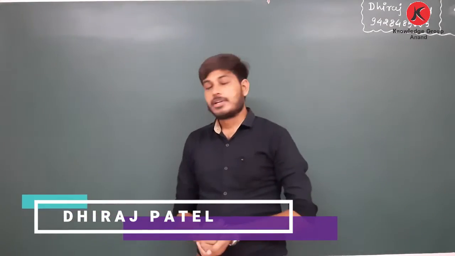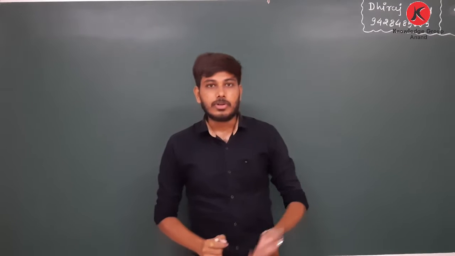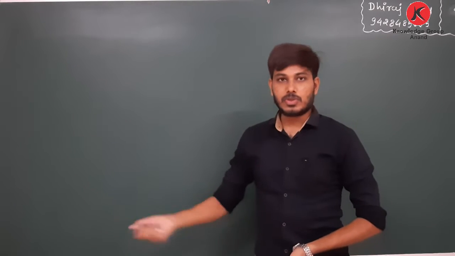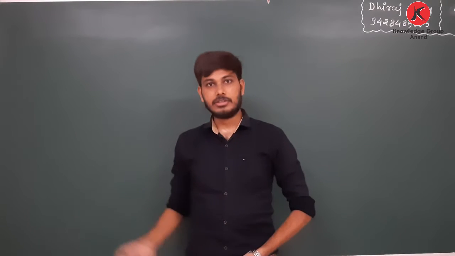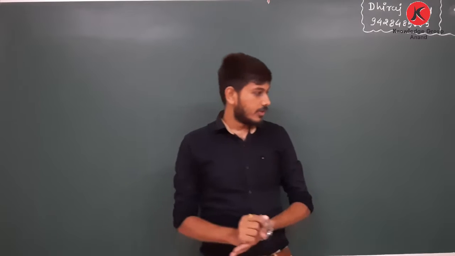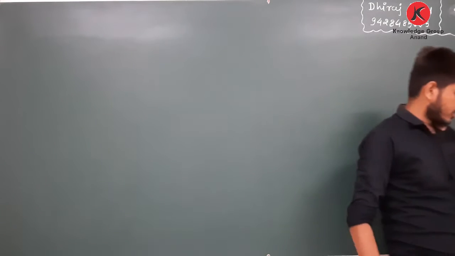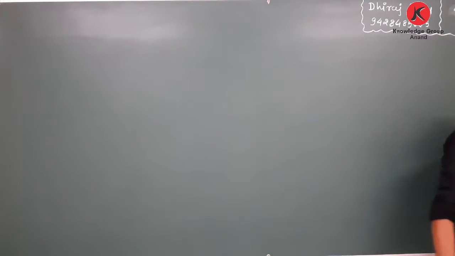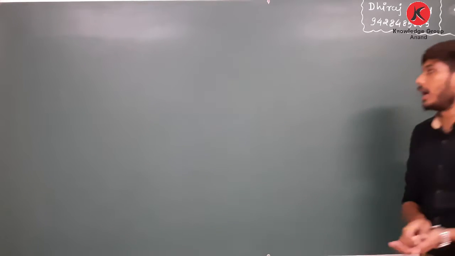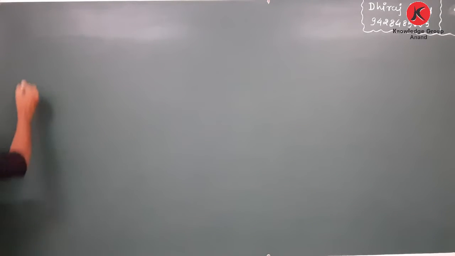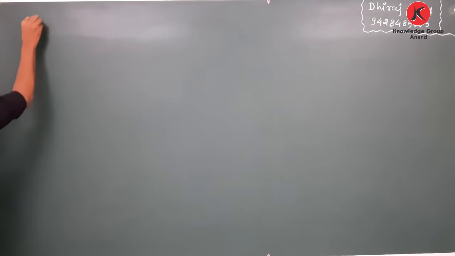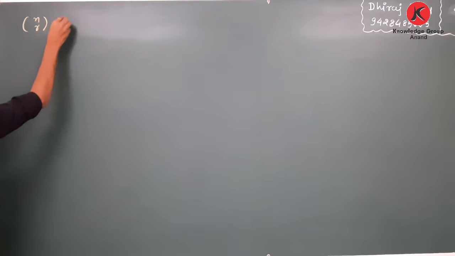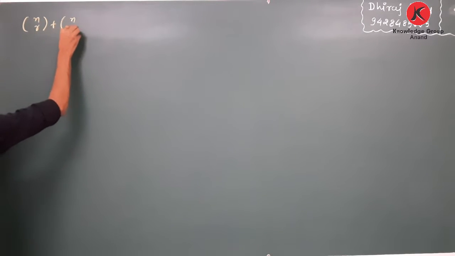Yesterday we discussed some formulas related to our NCR topic, which we have to learn in chapter number 7. Now we are going to discuss some more relations of NCR. The last important relation is NCR plus NCR plus 1.